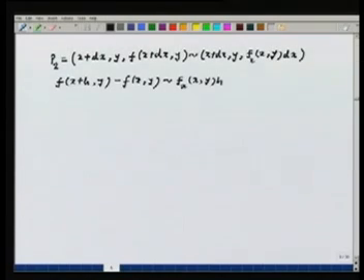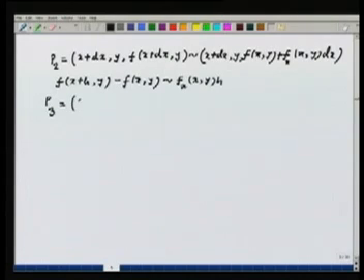Now if I use this, then I can actually write that P2 is (x plus dx, y, f(x, y) plus fx(x, y) dx). Let us look at what is P3.